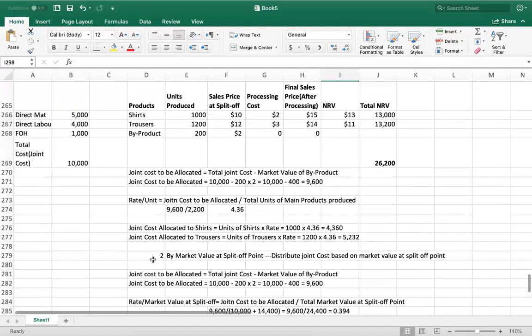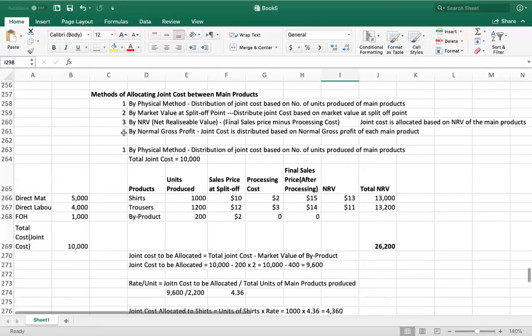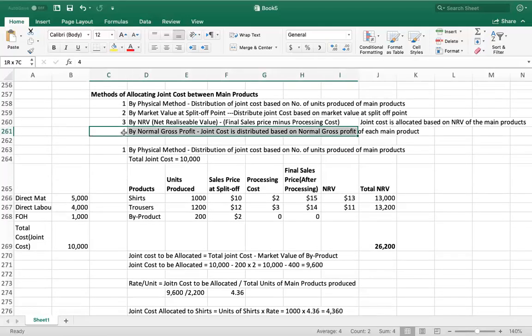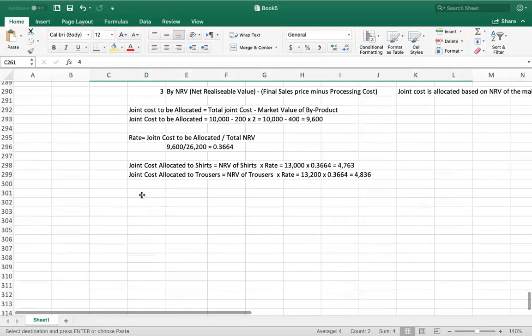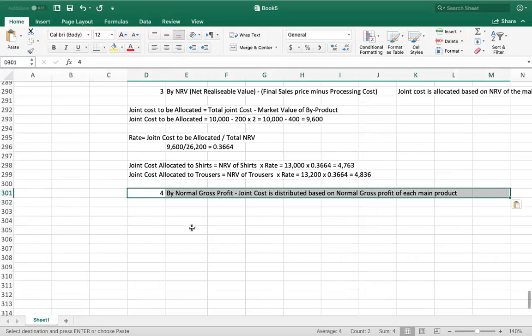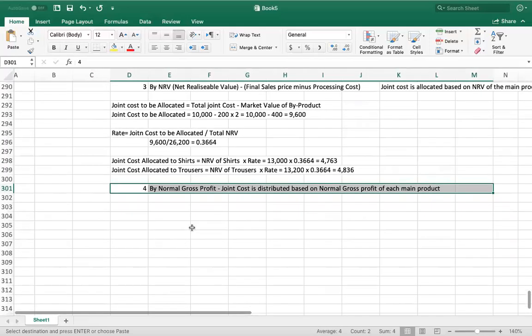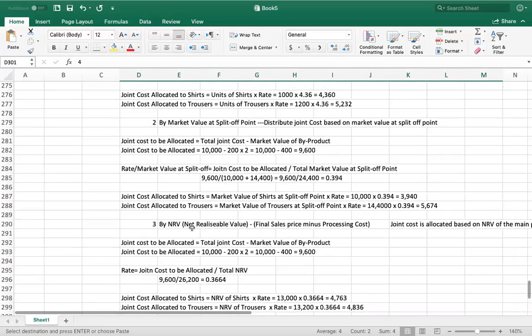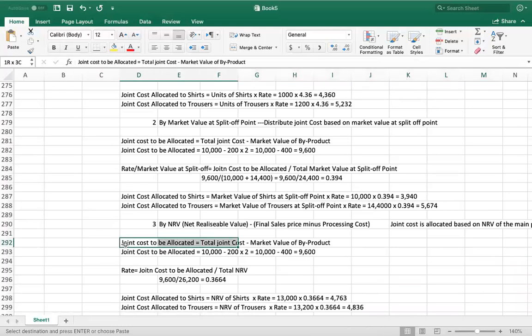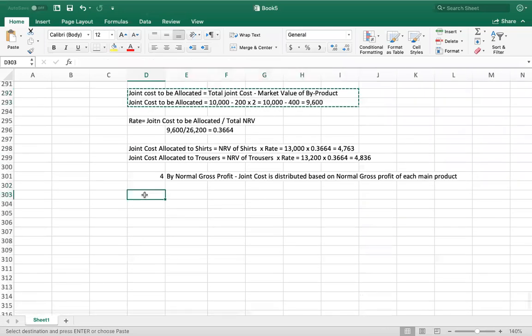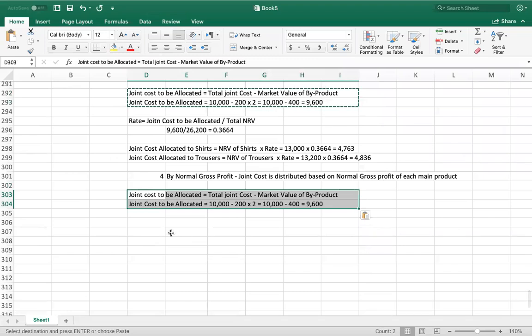Okay, the last method is by normal gross profit margin. This is a little bit lengthy, but we will see how to calculate. By normal gross profit. First step is the same; in any method, the first step will remain the same.